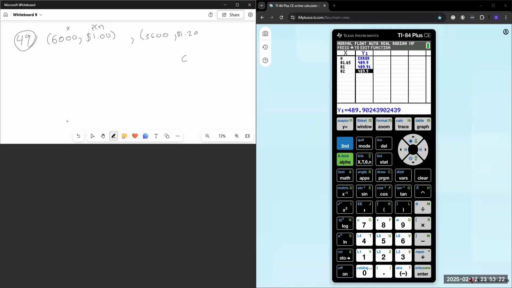So C of X is equal to 5,000 plus 50 cents times X, assuming that the demand function is linear.